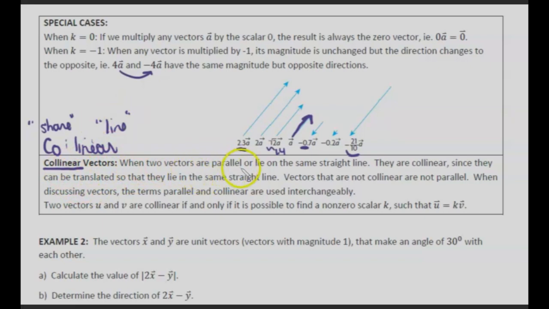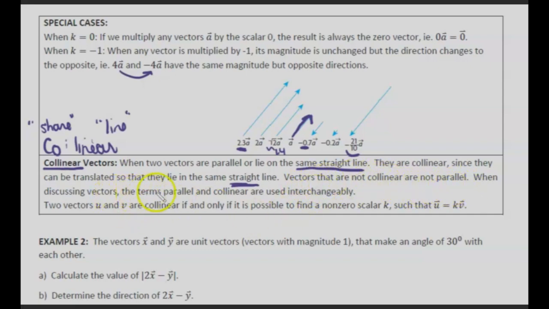When two vectors are parallel or lie on the same straight line, that's what it is. So they are collinear since they can be translated so that they lie in the same straight line. Every line is straight, but I just added it in there so that we remember. Vectors that are not collinear are not parallel.